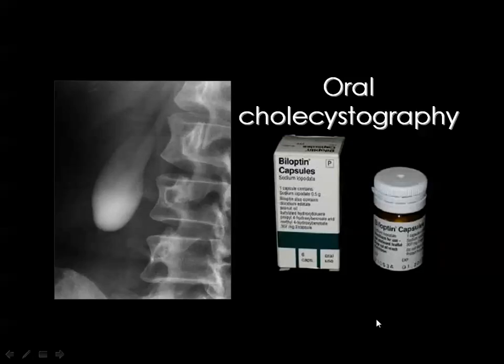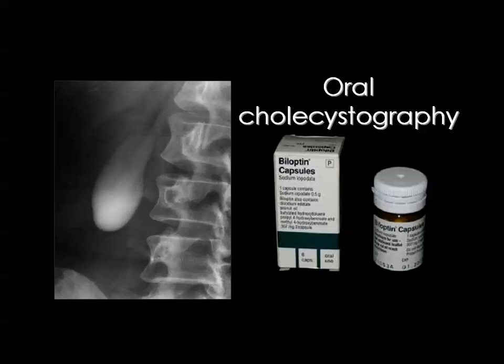The very old technique known as oral cholecystography was done by giving some capsules. This is an oral contrast media known as biloptin, and these capsules are taken by the patient at night, and in the morning he is fasting and comes to the radiology department for plain films of the region of the gallbladder.